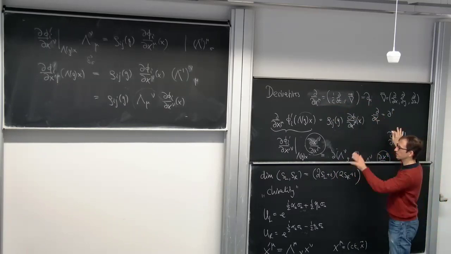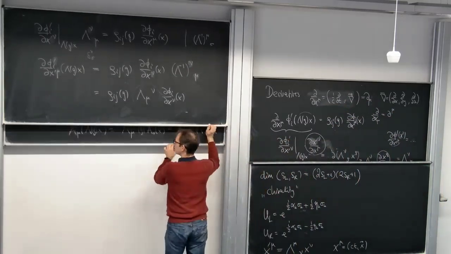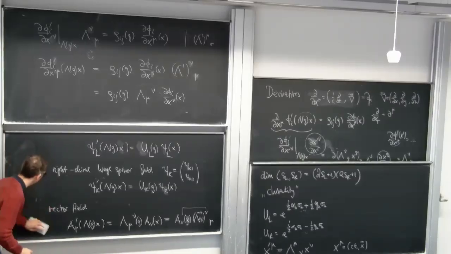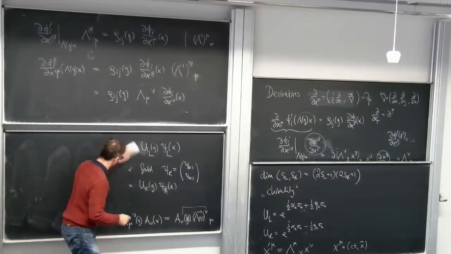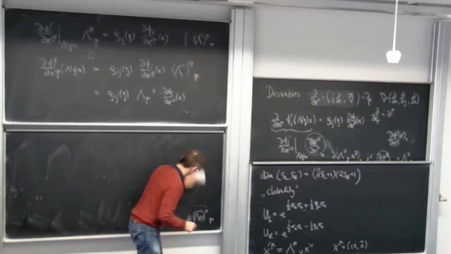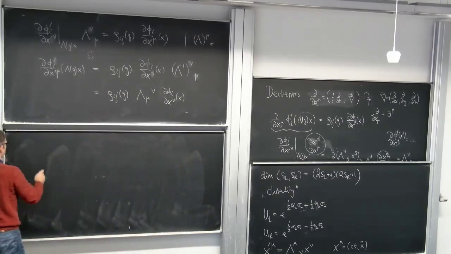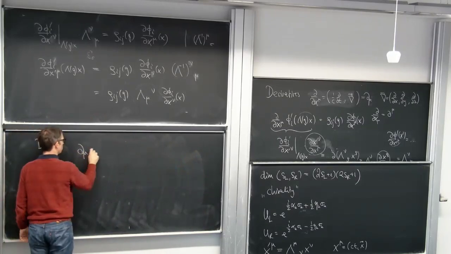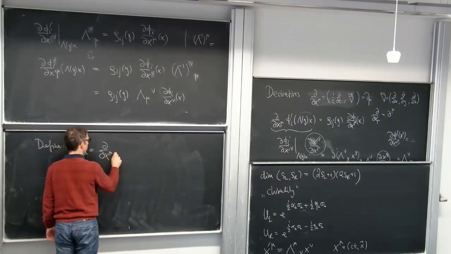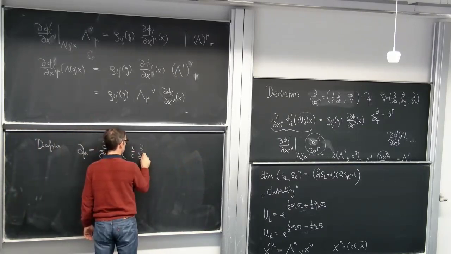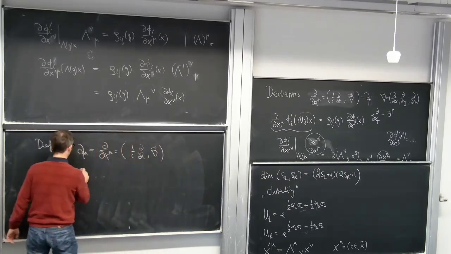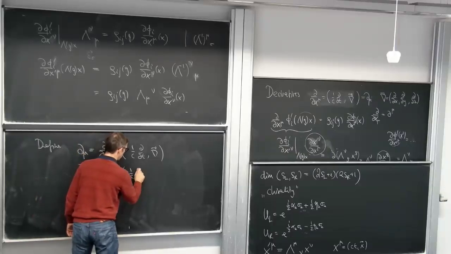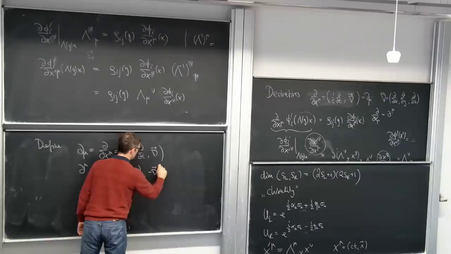We were talking about derivatives. So the upshot of this discussion is that we should define the d mu as this derivative: 1 over c d by dt and gradient, and the d upper mu is d over dx mu, which is 1 over c d by dt minus gradient.